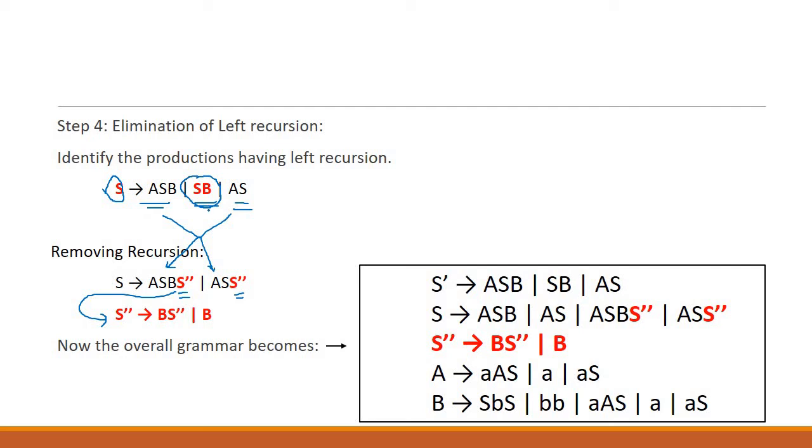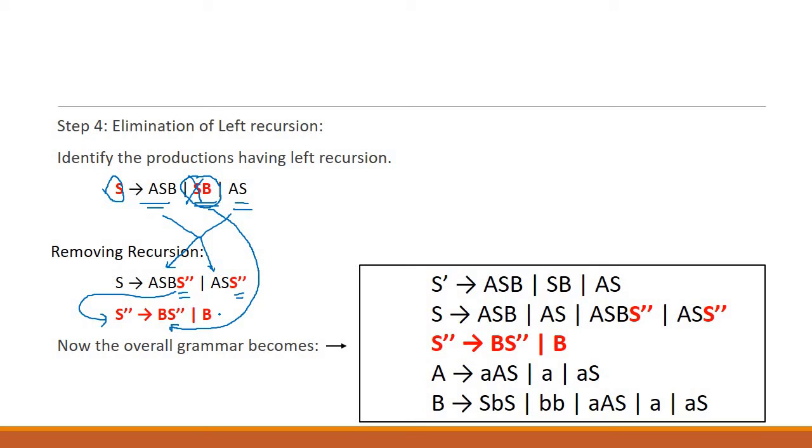The production which basically contains recursion, we need to write this production over here without S. So it's simple B, and after B the new non-terminal, that is S double dash, follows B, or there must be a new production, that is simple B. This is the way we can remove left recursion, and it has been done previously in the parsing techniques.